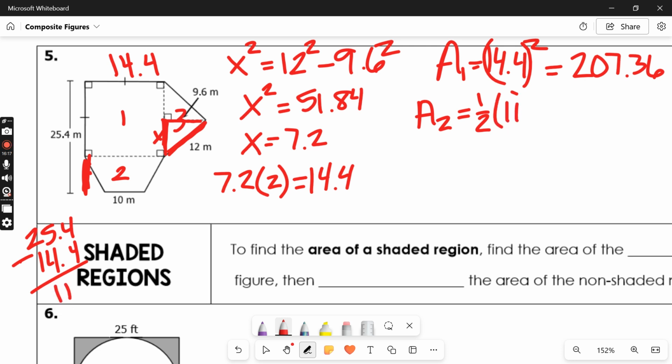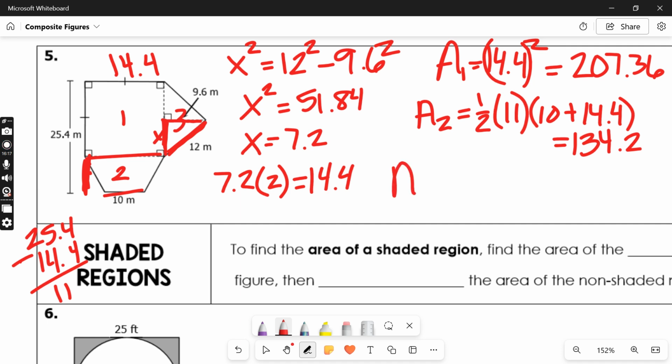So 11 times, the bases are 10 and the top one is 14.4. When I put those into my calculator, I get 134.2.